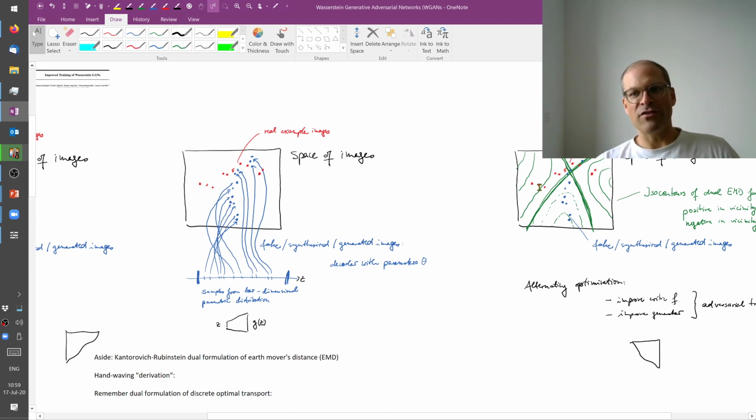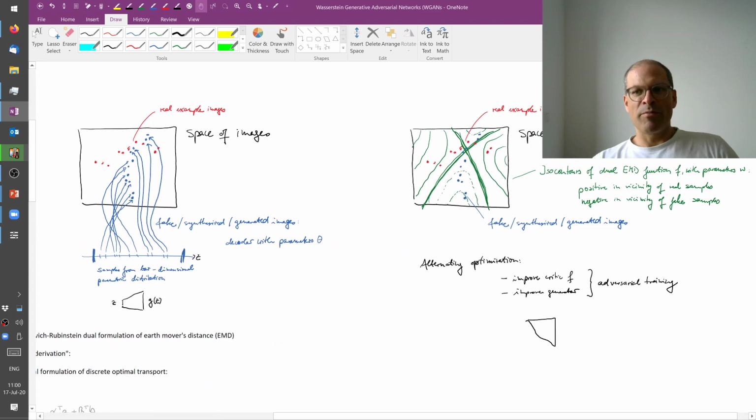And you see it tries to be as large as possible. These are the non-interrupted isocontours. It tries to be as large as it can where the red points are. It tries to be as negative as it can. These are the dashed isocontours in the area of the blue points. And the best such function will be the exact Earth mover's distance. Now we approximate this function in terms of a neural network.